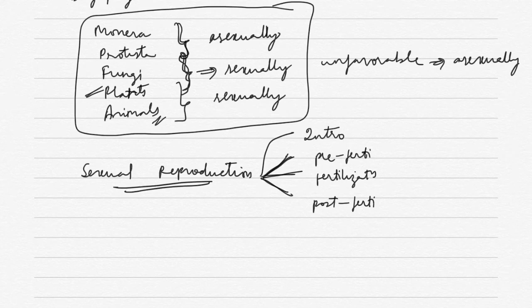So we will be looking at sexual reproduction this way, that whatever events happen before fertilization we shall study here, and the events that happen during fertilization or events happening after fertilization we study under the post-fertilization heading. So these are the four parts into which sexual reproduction has been divided, and we shall be looking at it in the next video. Thank you.